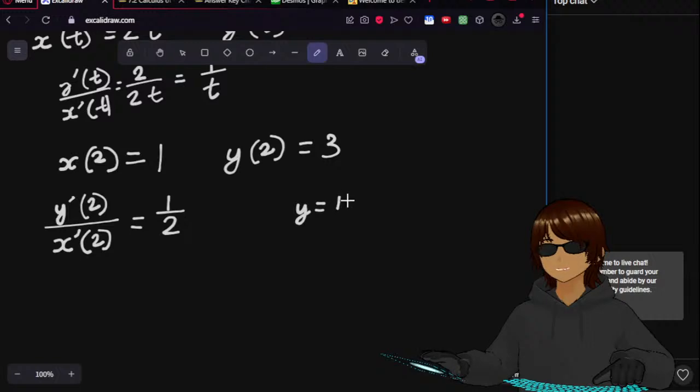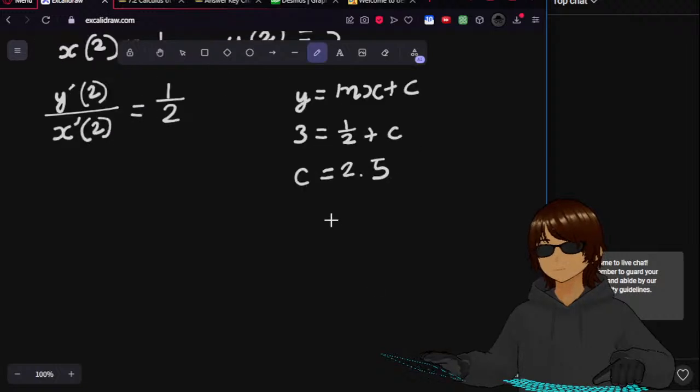So the tangent line is y equals mx plus c. 3 equals 1 over 2 plus c, so c is equal to 2.5. So y is equal to x over 2 plus 2.5.